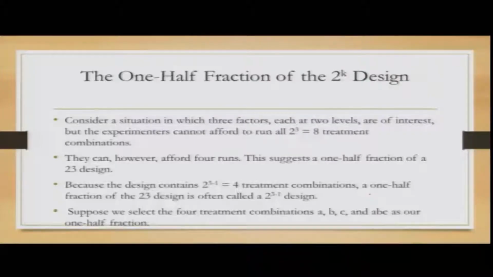That means you are halving them from the original 8 to 4. A 1/2 fraction of the 2^3 design is often called a 2 to the power 3 minus 1 design. Suppose we select 4 treatment combinations, a, b, c and abc, as our 1/2 fraction, and we can solve the ANOVA model accordingly.